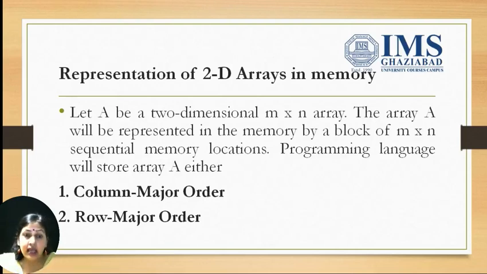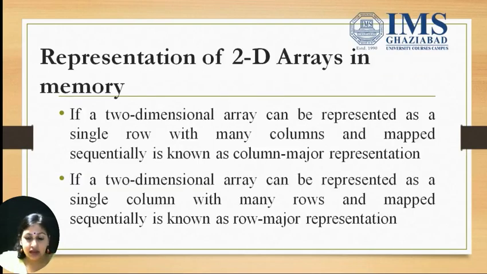That is, we can represent a 2D array either column by column or row by row in linear memory. If a 2D array is represented column by column and mapped sequentially, it is known as column major representation. And if it is represented row by row and mapped sequentially, it is known as row major representation.